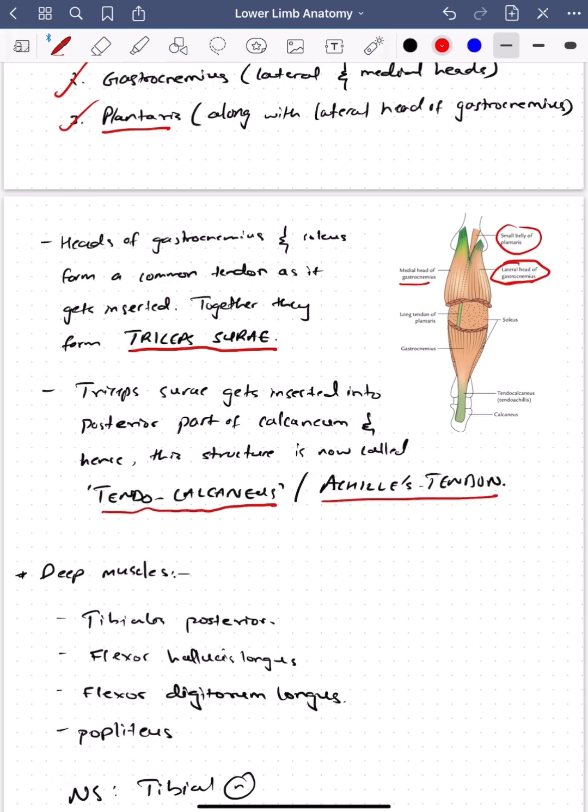So what is the Achilles tendon? It is basically the common tendon of the superficial muscles in the posterior compartment of leg that gets inserted into the tarsal bone called calcaneum, hence the name tendocalcaneus. So these are the muscles in the superficial group.